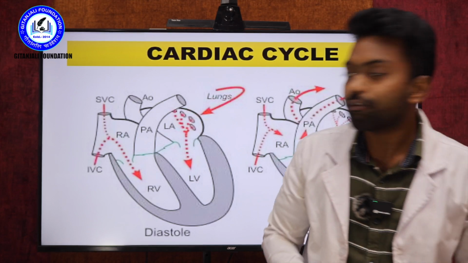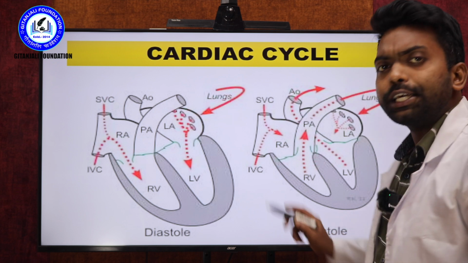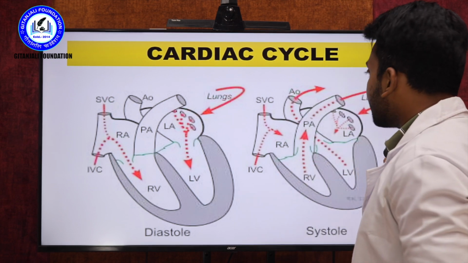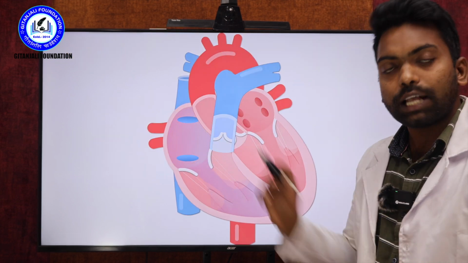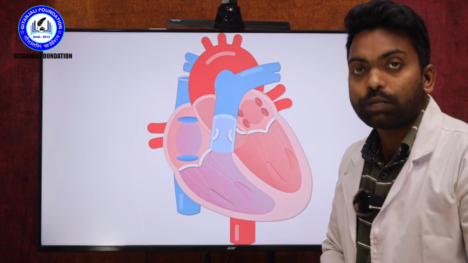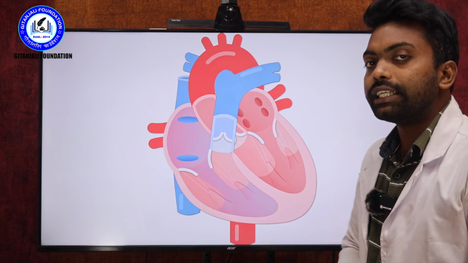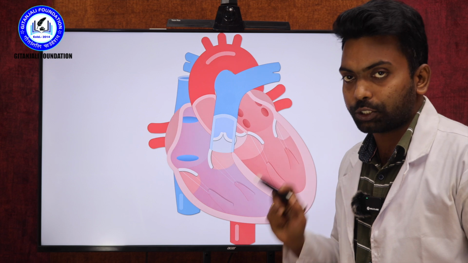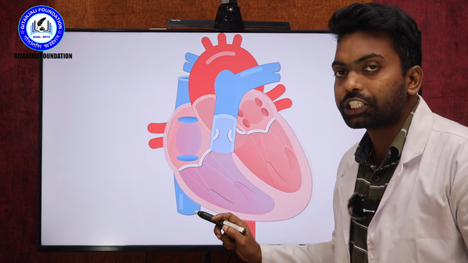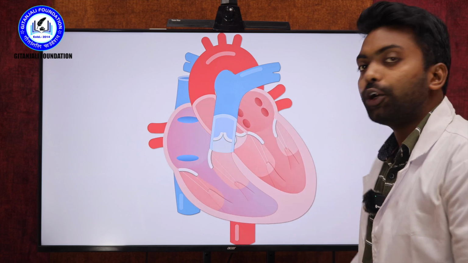As you can see in the video, this is the diastole movement and this is the systole movement. The cardiac cycle is a sequential, simultaneous process. When the upper two chambers, the both atriums, go into systole, into contraction, simultaneously both ventricles relax.